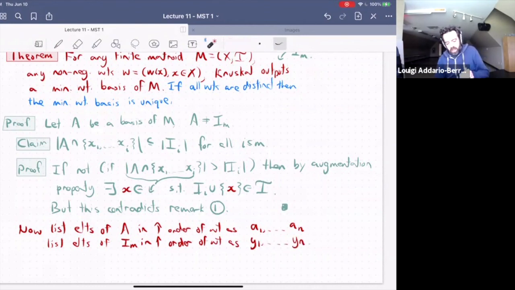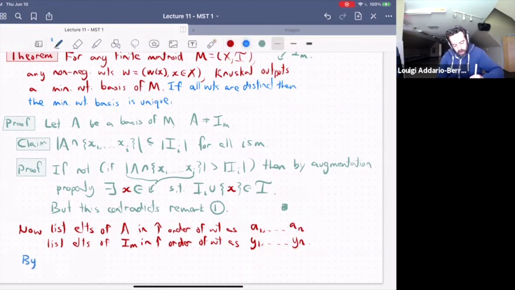And the claim tells me that in this increasing order of weight, the elements of I sub M come along sooner than the elements of A, because A has fewer elements in any given initial segment of the order than I sub M does. So just by pairwise comparison, all of the weights in the A sequence have to be at least as big as the weights in the y sequence.